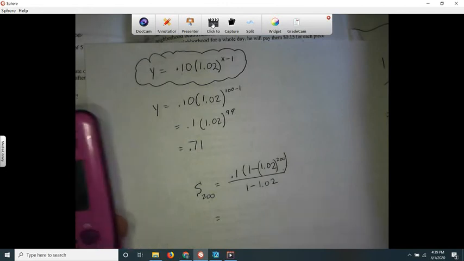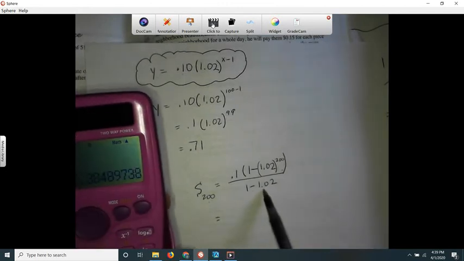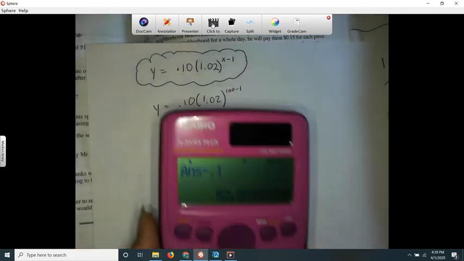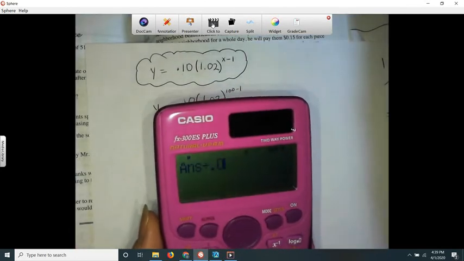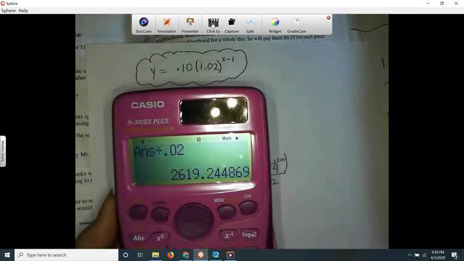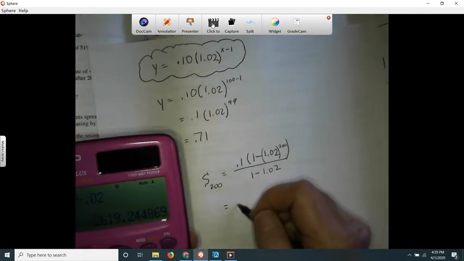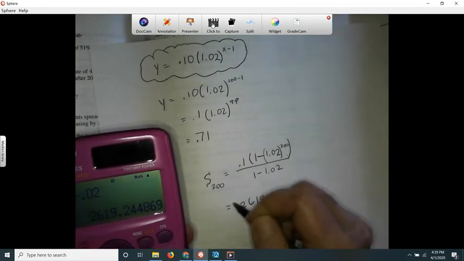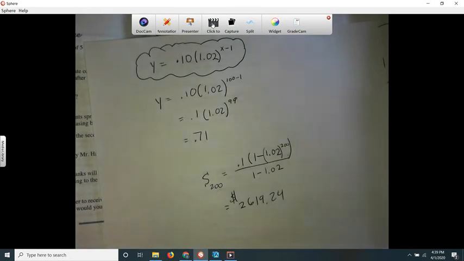And then I'm going to divide it. 1 minus 1.02 would be negative 0.02. I'm just going to divide it by 0.02 because a negative divided by a negative is a positive. So I think he's going to get this much. 24 cents. Oh, check that. That seems like an awful lot of money. 91.